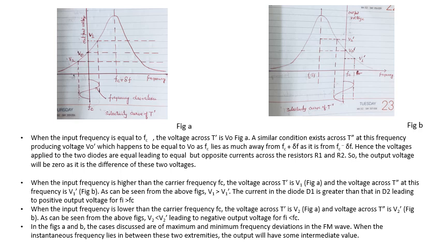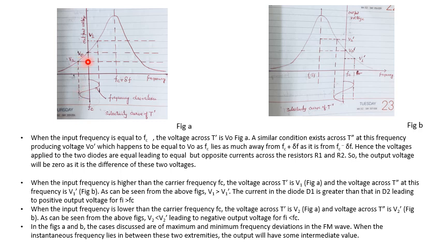Similarly, when the frequency is at its lowest, that is the minimum frequency, the voltage across the tuned circuit T dash is V2.